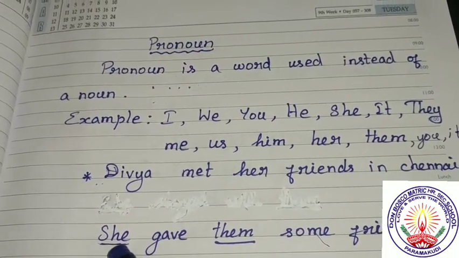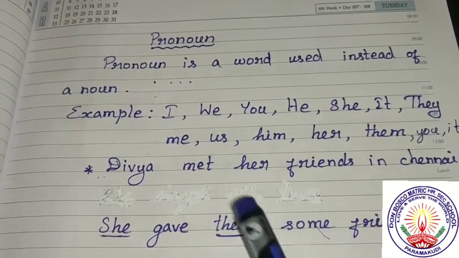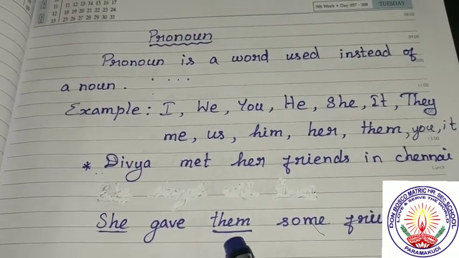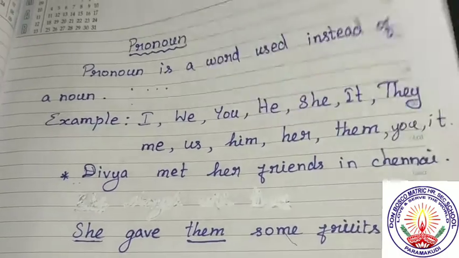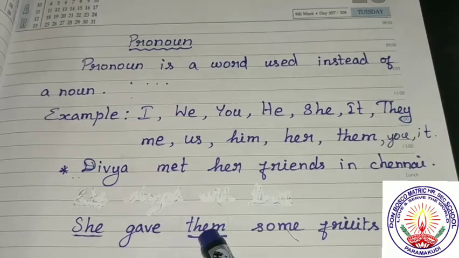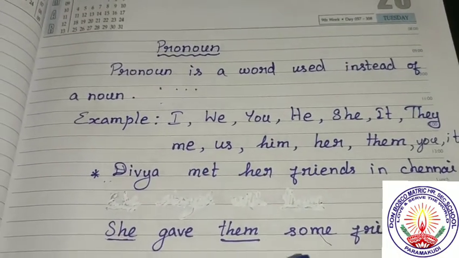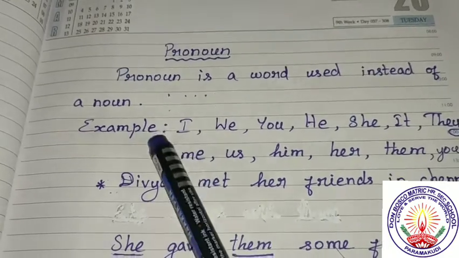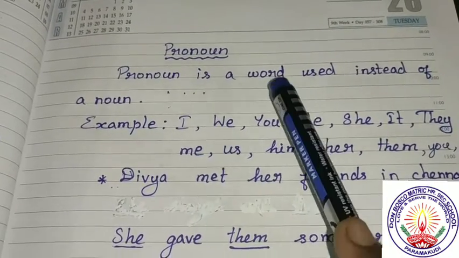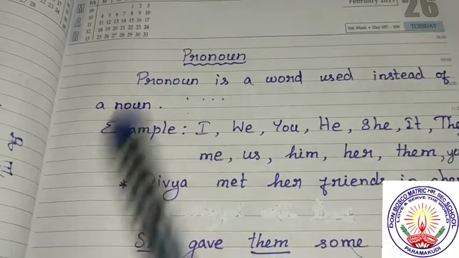Then them is an objective pronoun, so here we cannot use the subjective pronoun they. Okay, do you understand? Clear? So a pronoun is a word used instead of a noun, that is, in place of a noun we can use a pronoun.